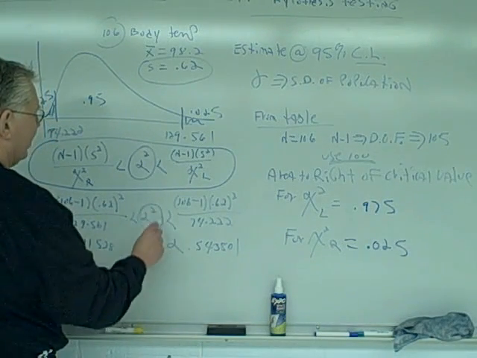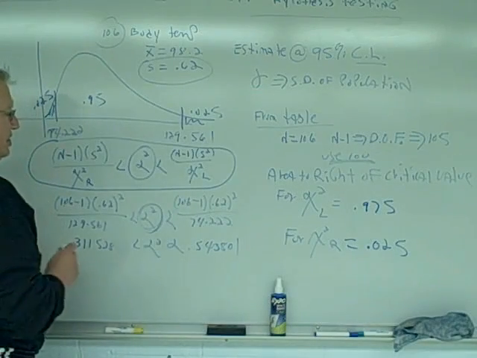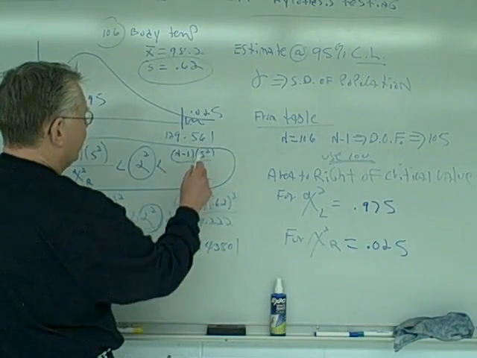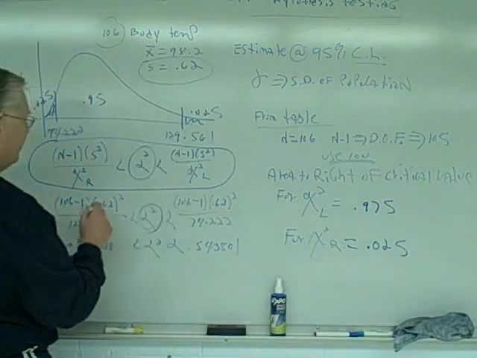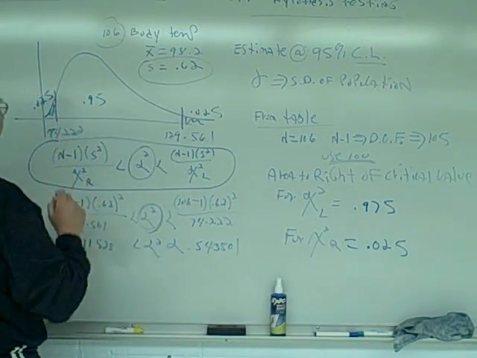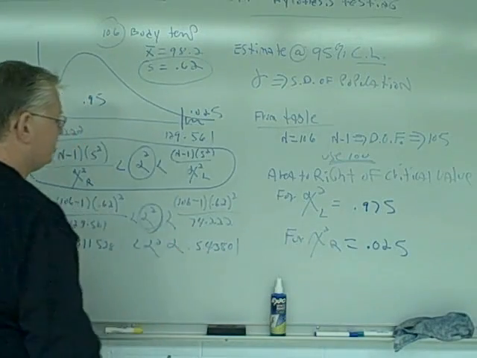The variance of the population is going to be somewhere between that and 106 minus 1 times 0.62 squared. The numerators are the same. Chi-squared left from the table is 74.222.